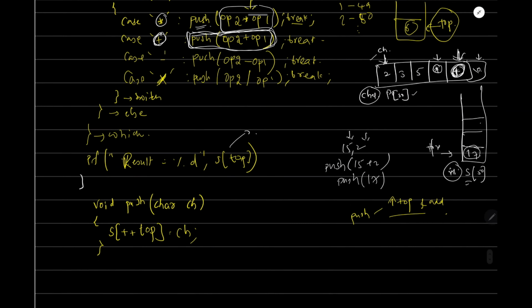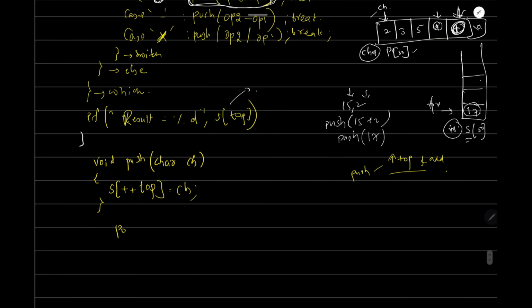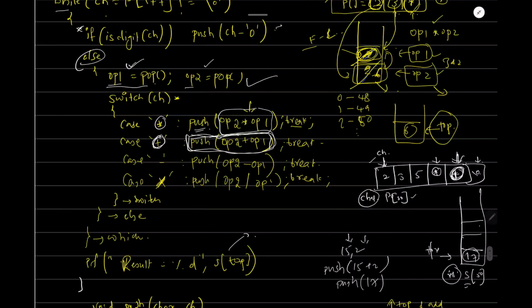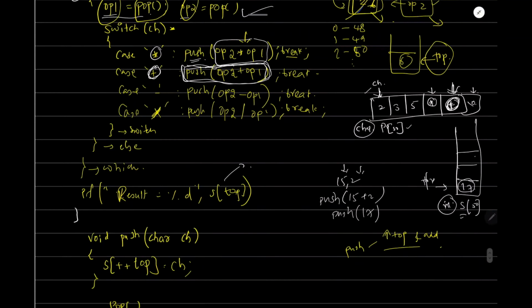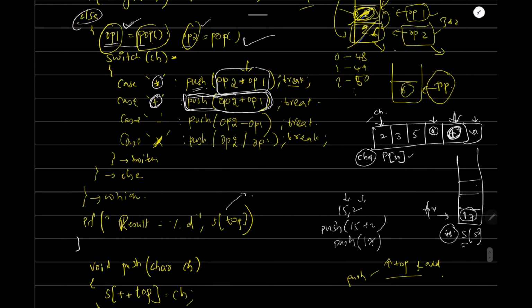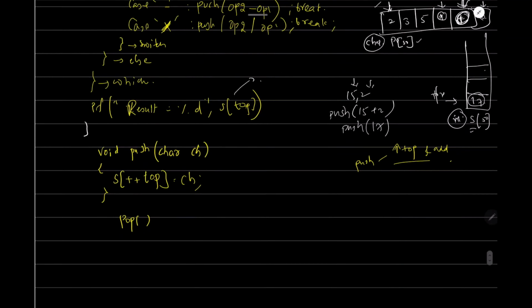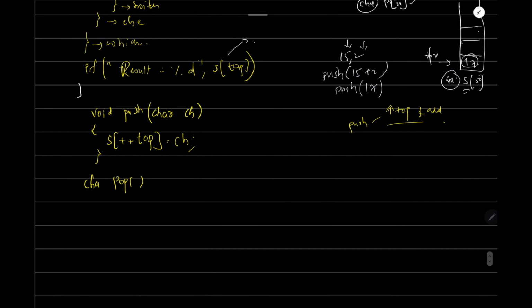So this is the void push, and similarly we will also write pop. So what will be the return data type? For pop we are expecting some return, right? Here in op1 and op2 we are expecting a return, because we are assigning something from pop, so the return should be of type char.